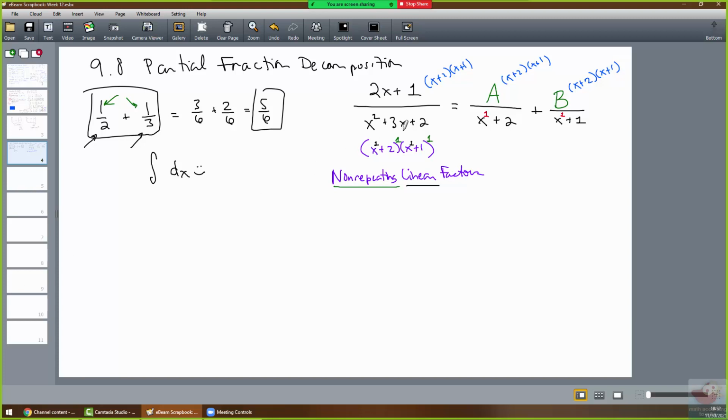On the left, the entire denominator cancels out, and we are just left with the numerator 2x plus 1. On the right, for the first fraction, the x plus 2 factor cancels, and we are left with A times the quantity x plus 1.